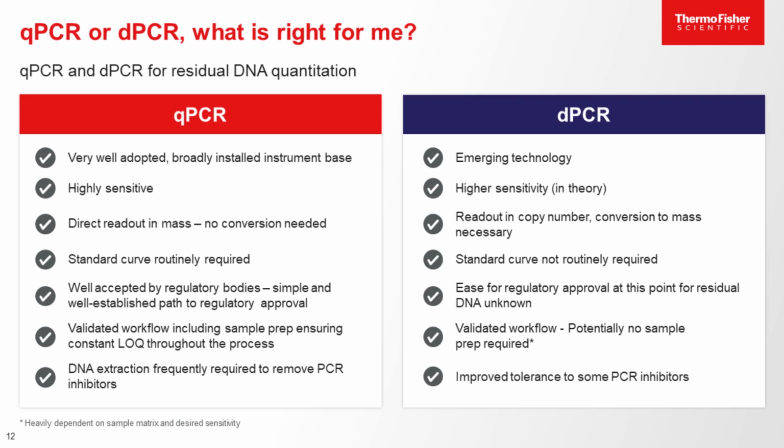Digital PCR is less prone to those inhibitors. So that's why it can happen that no extraction is required. Again, here it heavily depends on the sample matrix and also on the product, right? If you have a lot of protein in your product, better extract it, very likely to obtain reliable results.